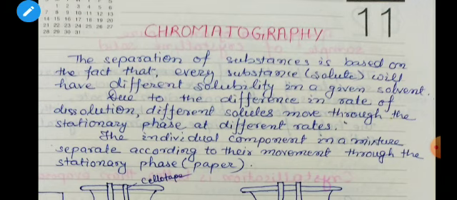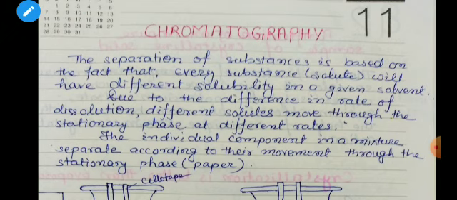Initially, this technique was used to separate colored components from pigments and dyes, but now it has a wide range of applications, and chromatography is of a number of types such as adsorption, thin layer, paper, and gas chromatography, etc. However, paper chromatography is very simple, and it is commonly used in the laboratory, so we will discuss only paper chromatography.